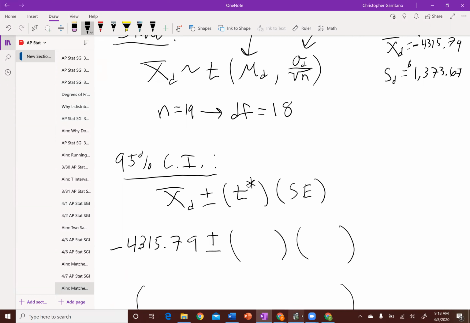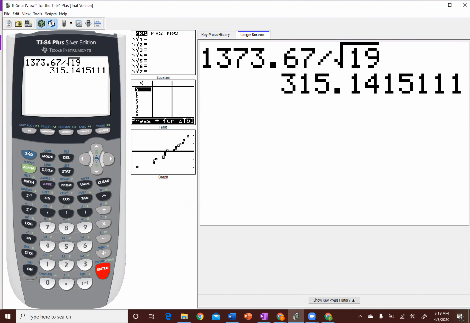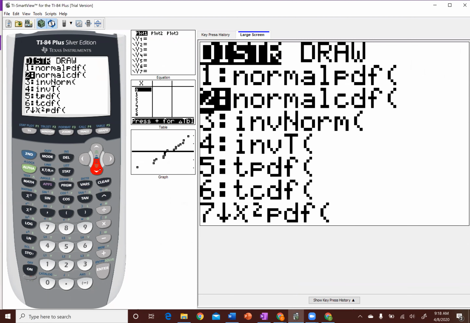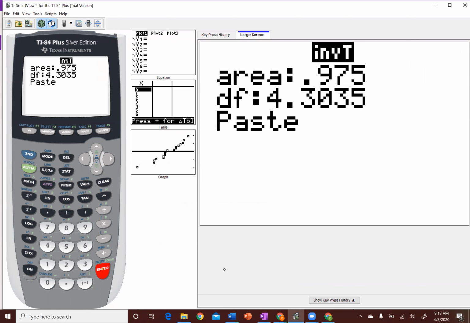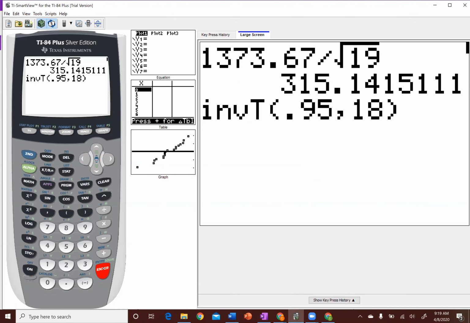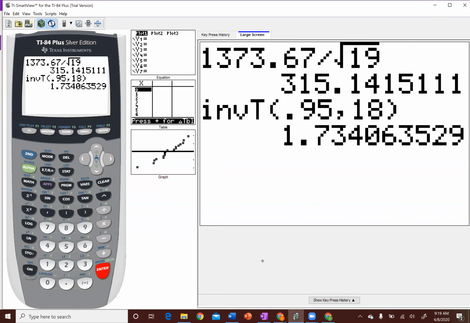So I'm either going to use the t table or my calculator has it, so I'm just going to use inverse t. So I will press second distribution, and scroll down to inverse t. Since this is a 90% confidence interval, the area to the left is going to actually be 0.95. And my degrees of freedom, I believe, were 18, because remember my sample size was 19. Okay, so t star is 1.7341.